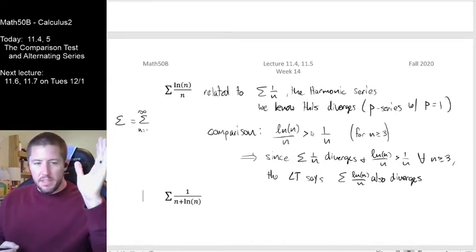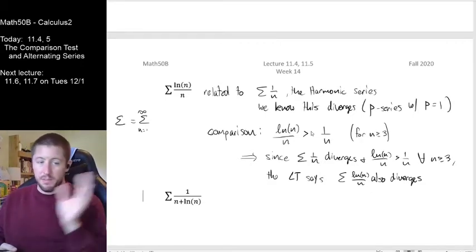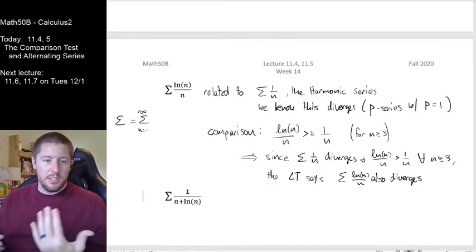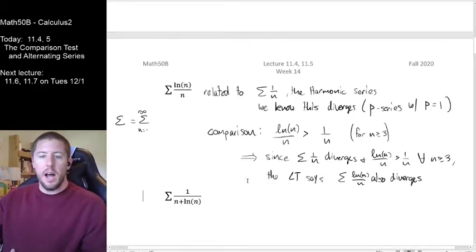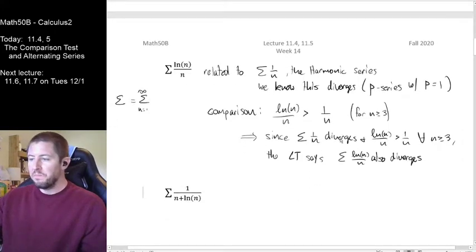The 47th term for one is bigger than the 47th term for the other. The 48th term for one is bigger than the 48th term for the other. If that's always going to be true, then our sum has to overall be larger. And since we're larger than something that went to infinity, we will also tend off to infinity out there.